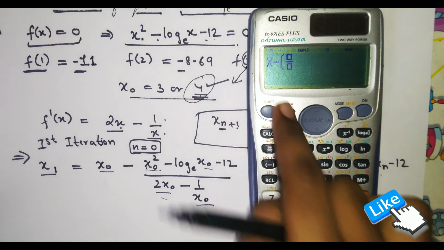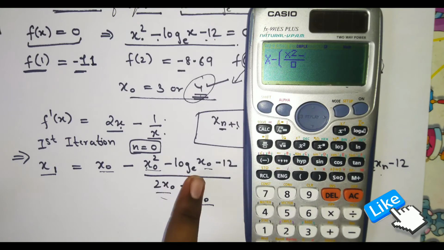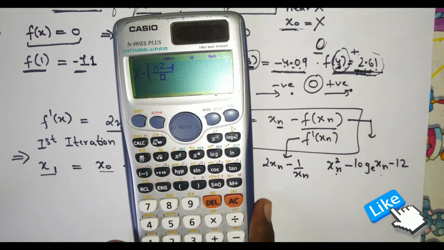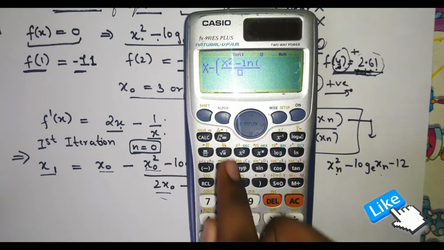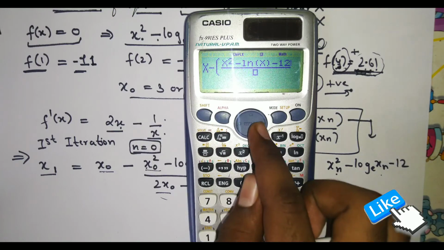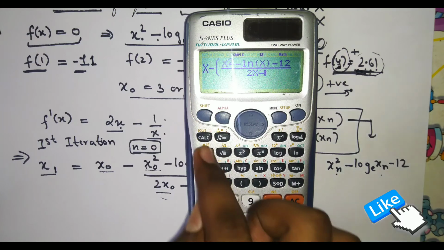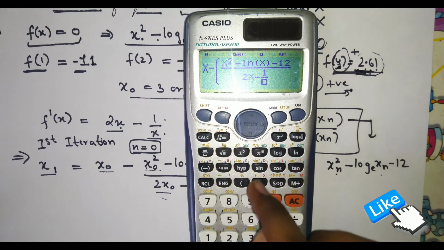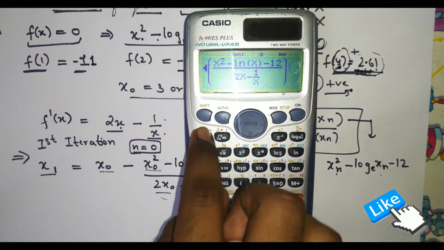Okay, x square minus log base e. That means you have to use which one? Ln. Remember, you have to use ln. So I'll press ln, then x, bracket, minus 12, denominator 2x minus 1, then x, put the whole bracket. Now you have to press calculate.